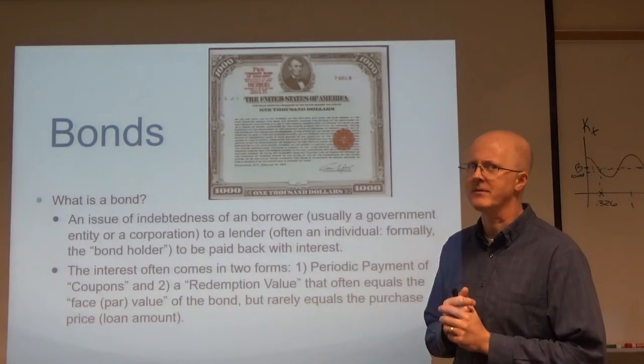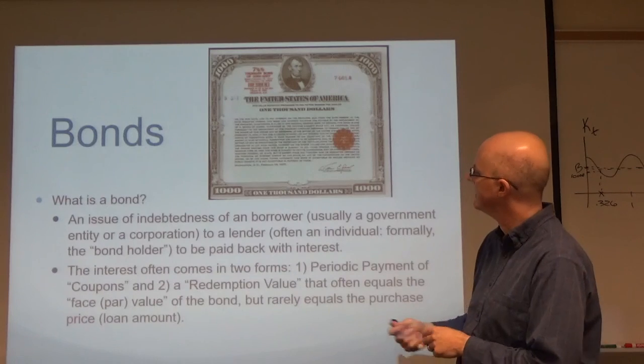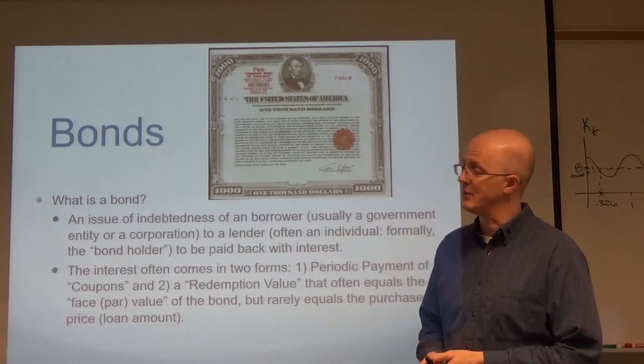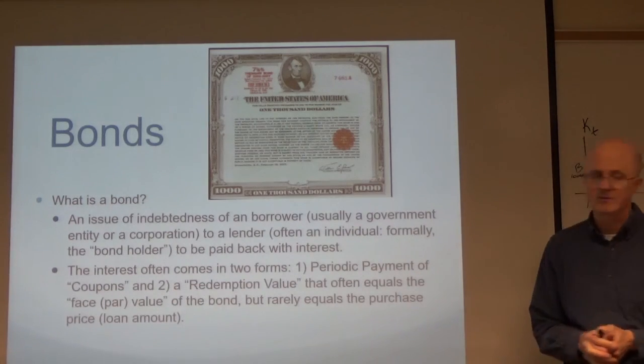It rarely equals that. That might seem a little strange. Why wouldn't you get a redemption value equal to how much you loaned out to begin with? Well, that's just the way it works, as we will see.